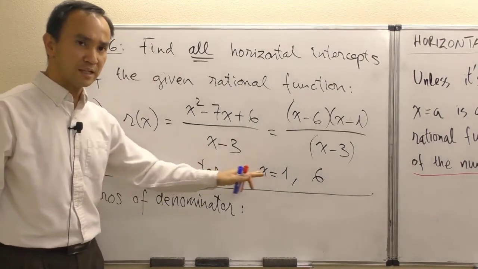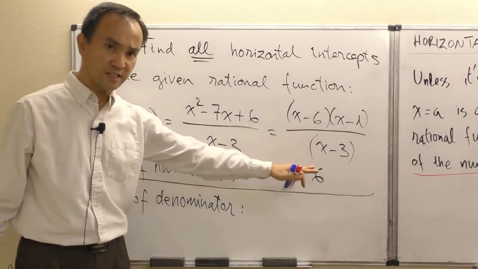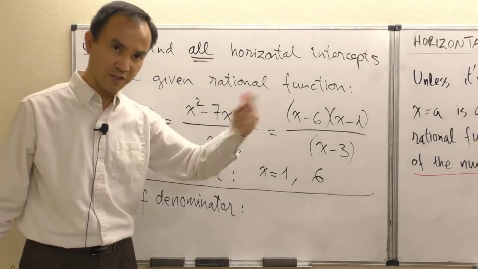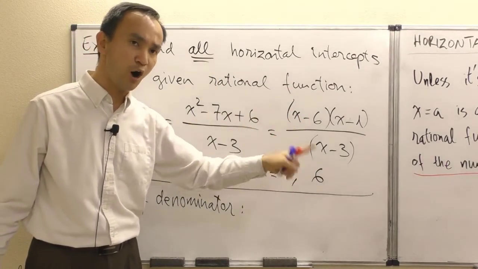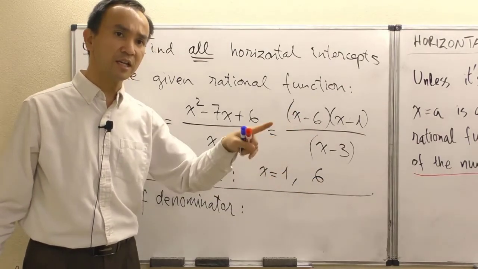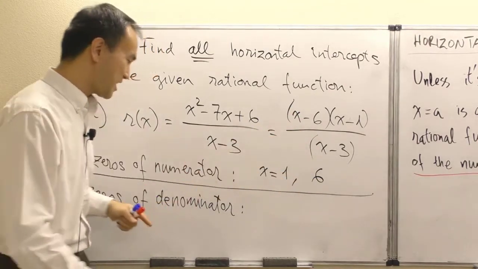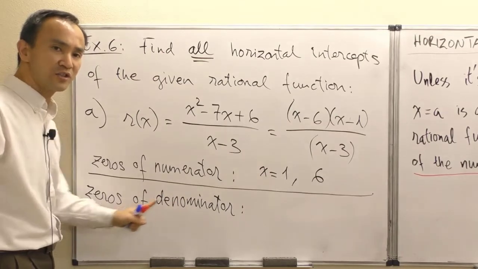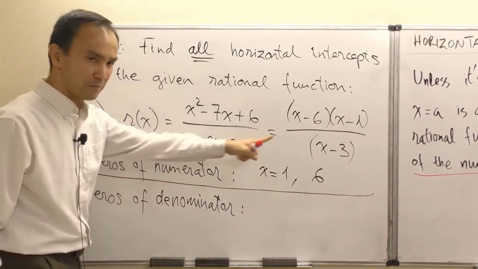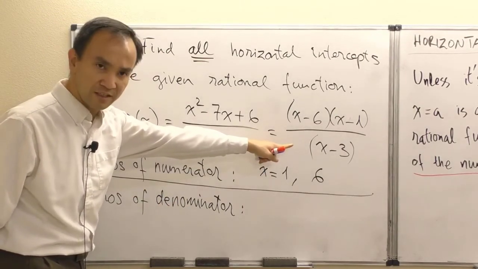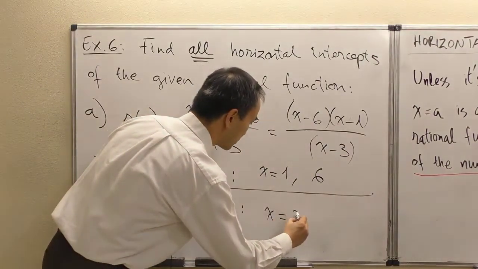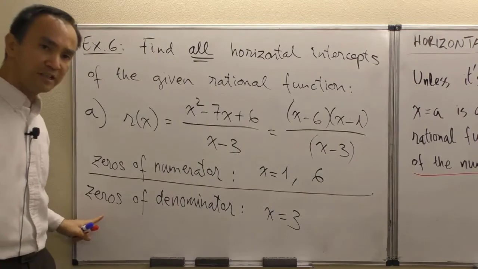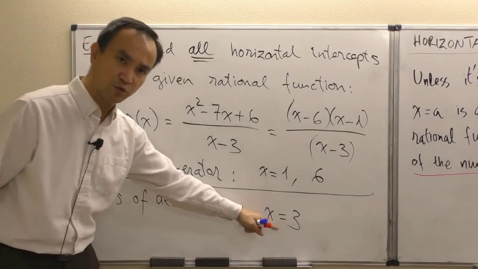I'm not saying that all of these are horizontal intercepts. We need to start filtering out any candidates among here that are also a zero in the denominator. So we have to also list all zeros of the denominator. After we have completely factored the denominator, the only zero of the denominator is x equals 3.